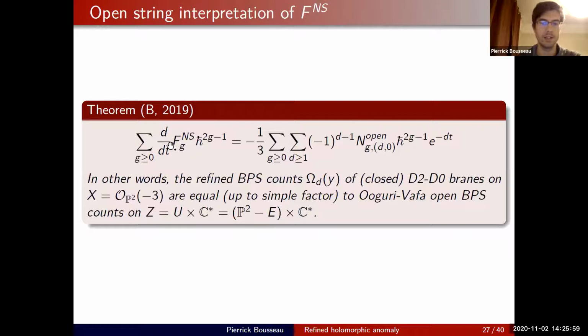So you have this equality. If you take the sum over genus of the derivative of FGNS, the coefficients of the h-bar expansion are just these higher genus open invariants. And in particular, if you write the open side in the expected Ooguri-Vafa BPS form, then this refined BPS count Omega of D2-D0 branes on the closed side just becomes equal to the Ooguri-Vafa open BPS state count.